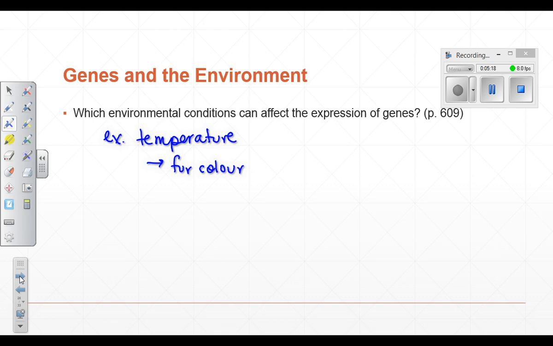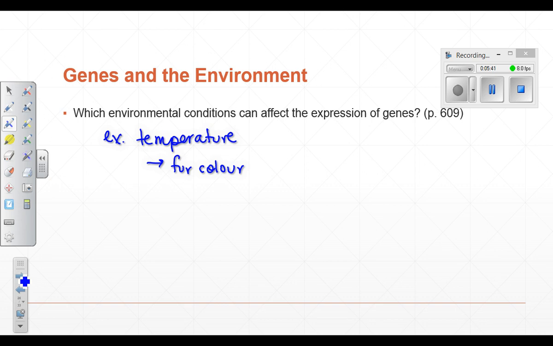Parts of the body that tend to be a little bit colder most of the time will sometimes have a different color of fur because genes are expressed differently based on temperature. So that's just an example where sometimes you see different phenotypes in one organism because an environmental condition has affected the expression of their genes.